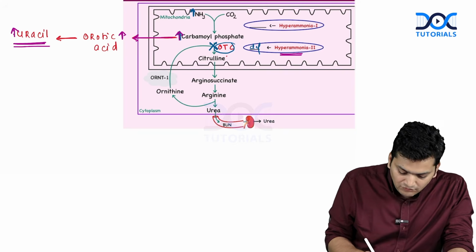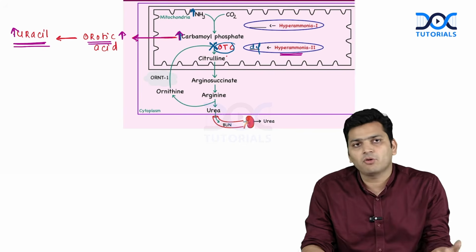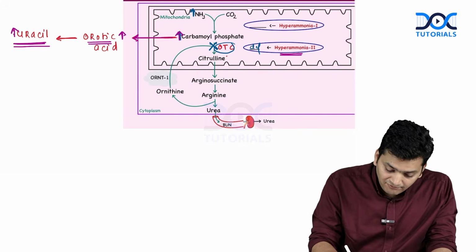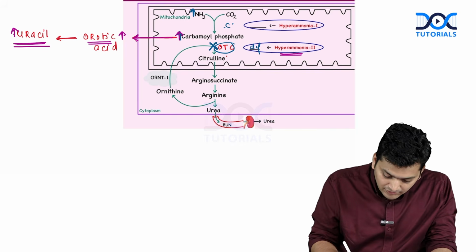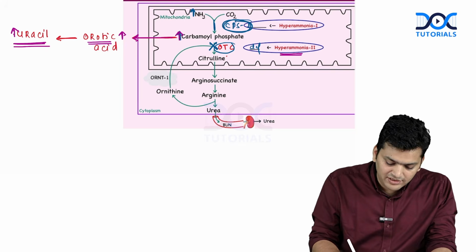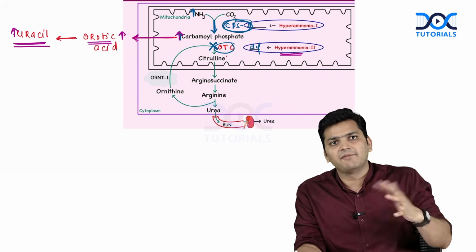So in a patient of hyperammonemia, if they are talking about uracil or orotic aciduria, they are talking about type 2. Whereas in type 1, the problem is in the CPS1, and in that case the orotic acid will not increase. If this reaction is not happening, the orotic acid will not increase. So this is how we differentiate type 1 from type 2.